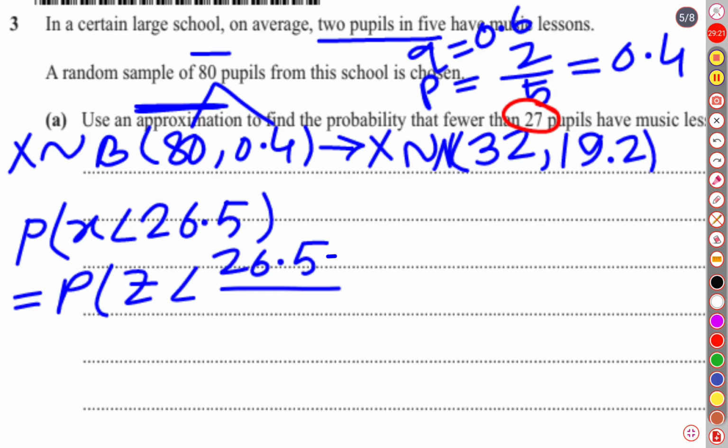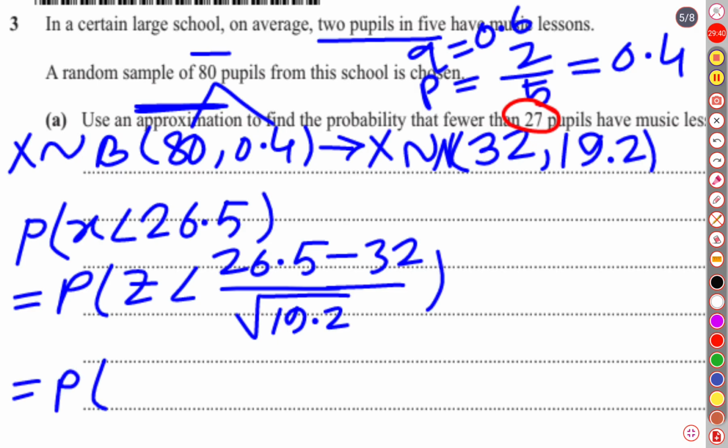26.5 minus the mean value. How much is our mean? Our mean is 32. 32 over the standard deviation. Standard deviation is always the square root of the variance. Square root of variance. Then probability of z less than, look at this, as we are subtracting smaller numbers, so definitely it is going to be negative.